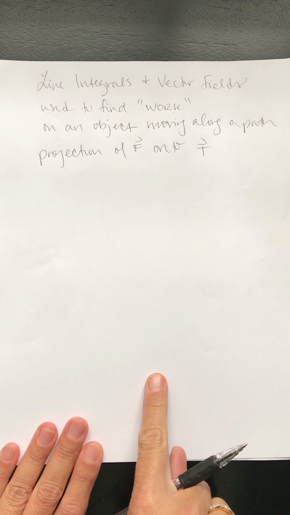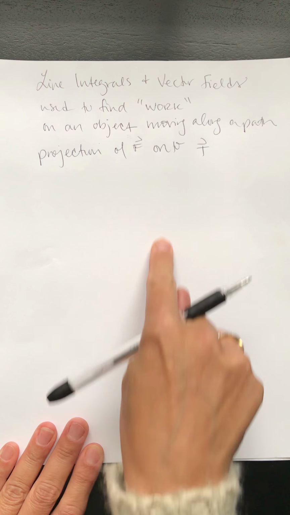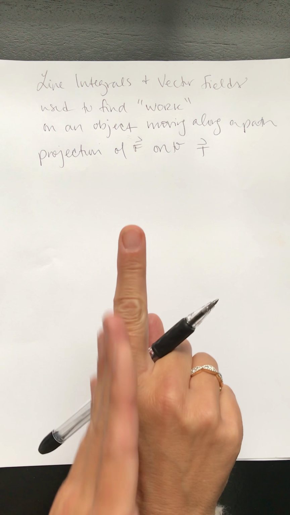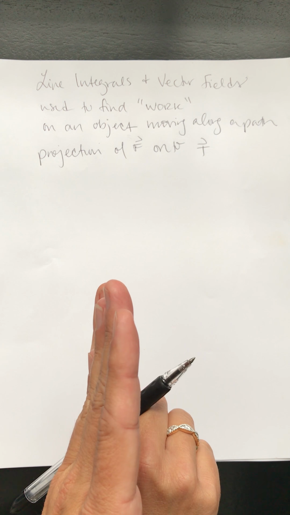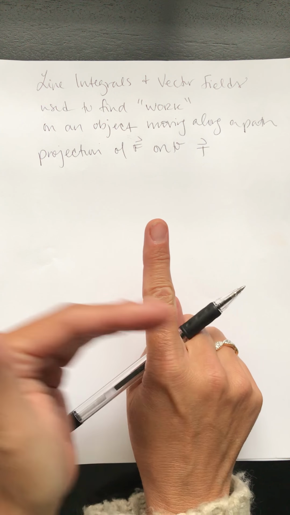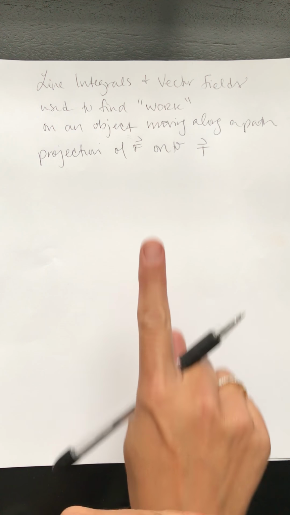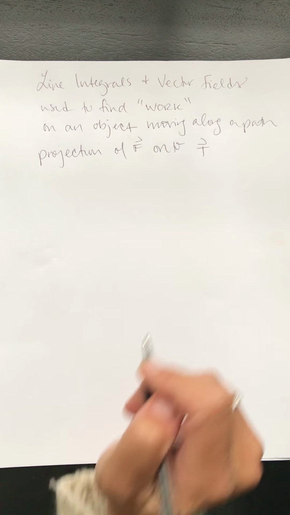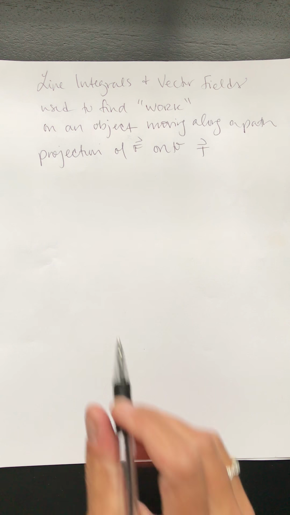So again, if you're swimming this way, that's the direction of your tangent vector. If F is going in the same direction, then there's a lot of work being done, right? If you're going this way and F is going this way, there's no work being done on your particular path. So if we're looking at how much of F is in the direction that the object is moving, we want to look at the projection of F onto T.